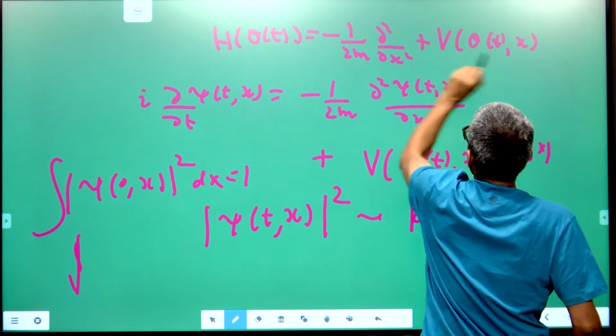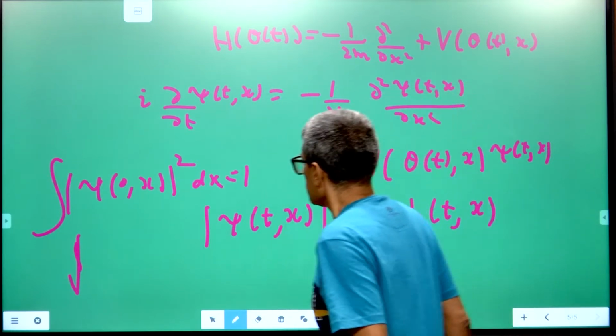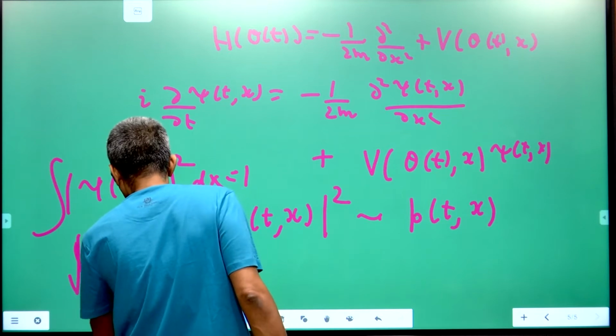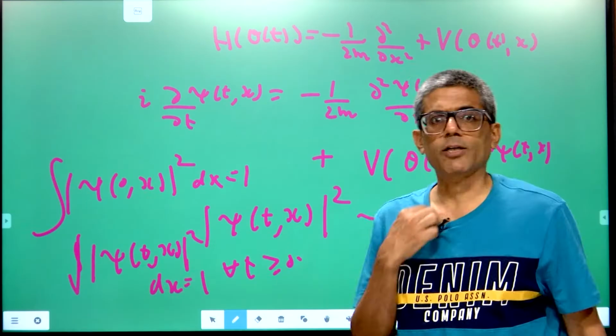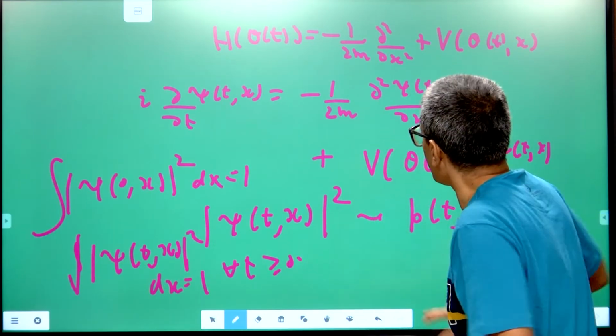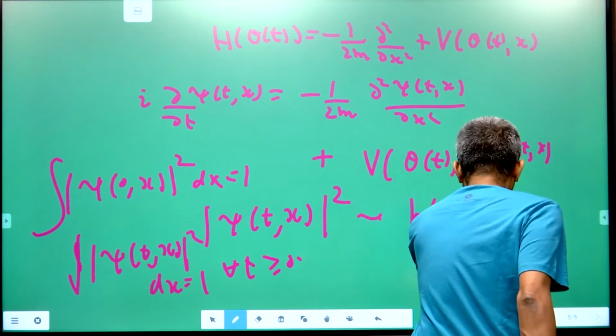This is a multiplication operator, this is a differential operator, and the sum is a self-adjoint operator in the Hilbert space. So, the integral of mod psi t x square dx will be 1 at all times t. So, it naturally generates a one parameter family of probability density functions. And how do you update the parameters?